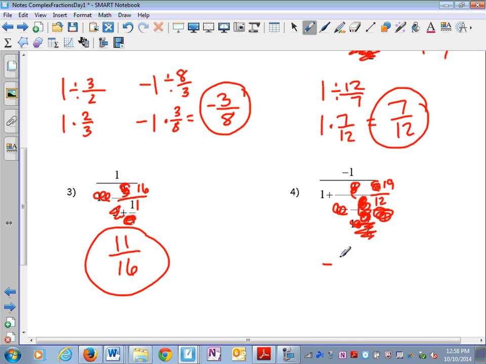And then finally, -1 divided by 19/12 is the same thing as -1 times 12/19, which is -12/19.